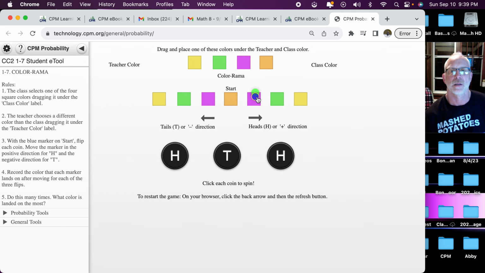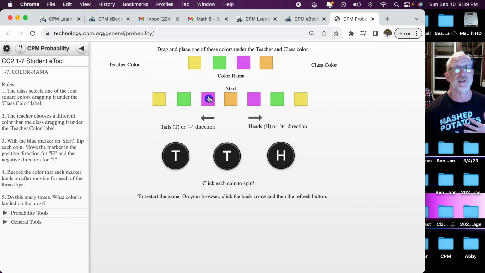Heads, heads, heads, yellow won. And tails, and heads, purple won. Tails, tails, heads, purple won. So we just kept playing and playing, and they collected some data.